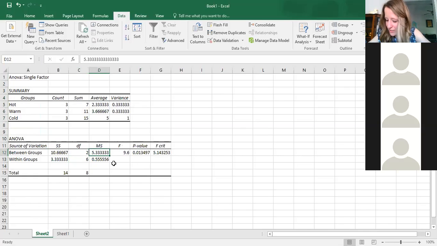You have your mean square of 5.33 and 0.56. You have your F of 9.6, and then they have your F critical here, and they're actually calculating your p-value. But remember that if this is larger than this, then it's significant. So the p-value is just something extra that they add, or we don't have to worry about that, right?